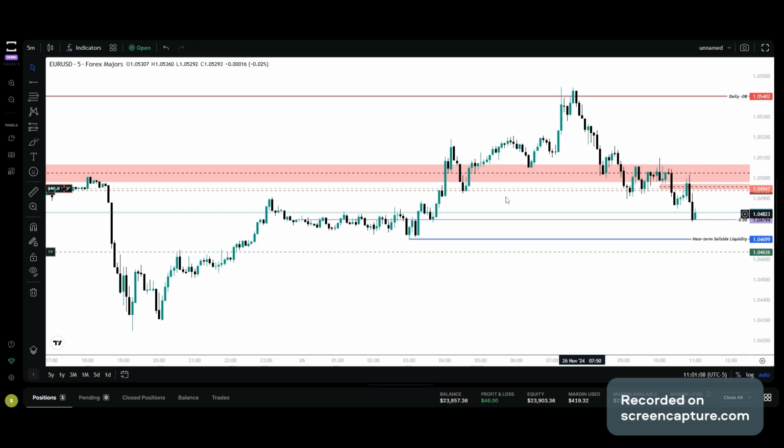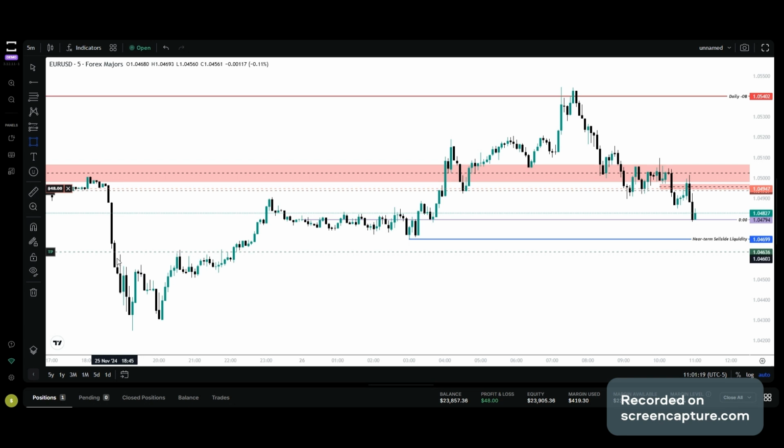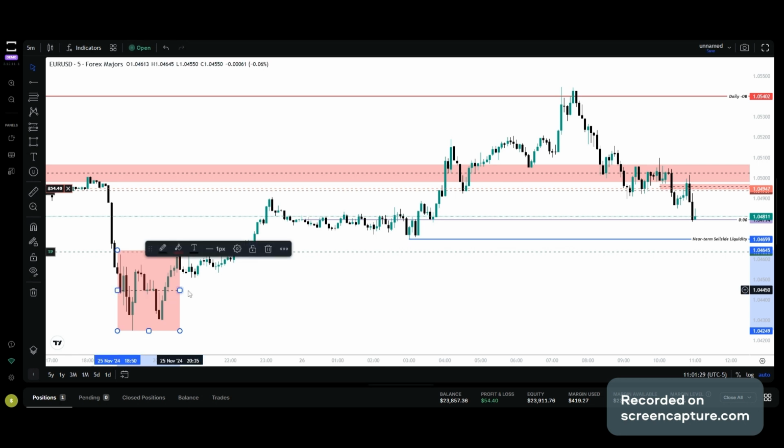Now you can see here, this is a long-term market maker sell model. The 5-minute has a nice depiction of it, and I'll draw this out. So right here, there's the original consolidation.